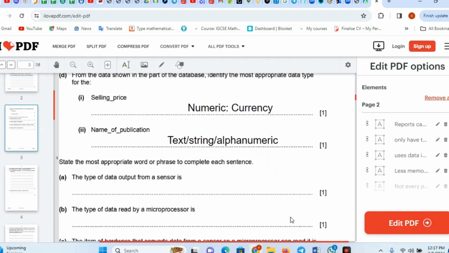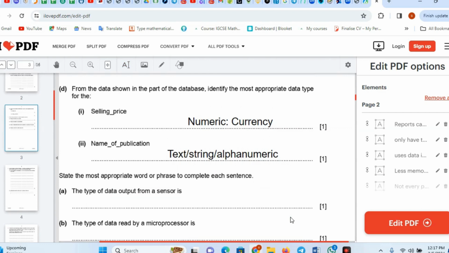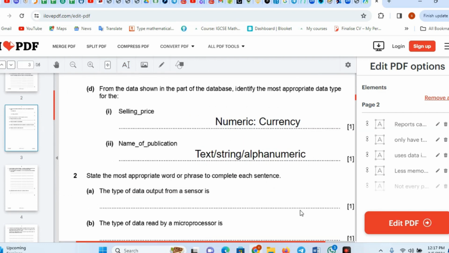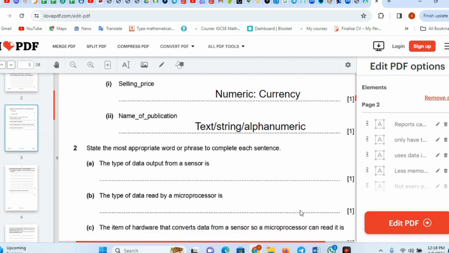So let's go on. This is question number 2. It says state the most appropriate word or phrase to complete each sentence. A. The type of data output from a sensor is what? Yes.